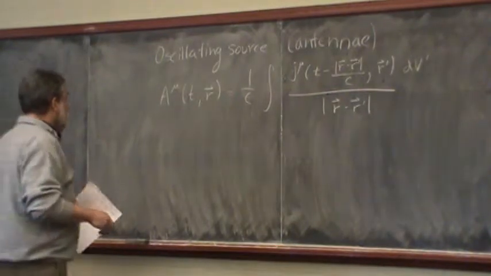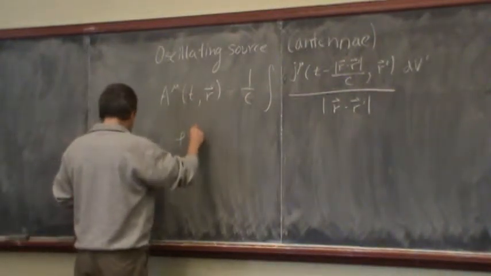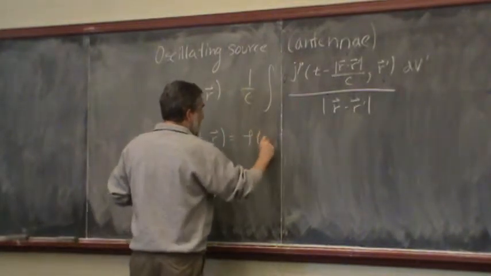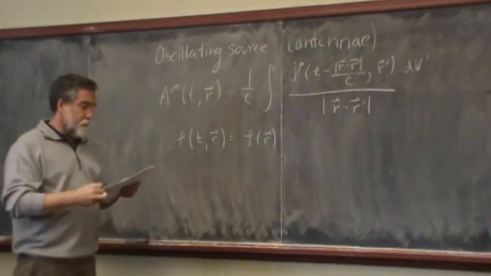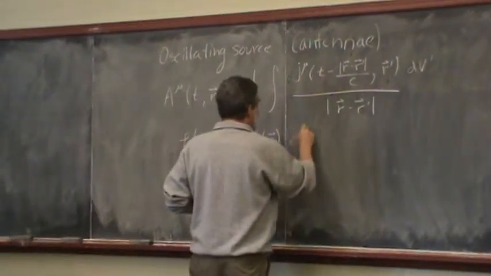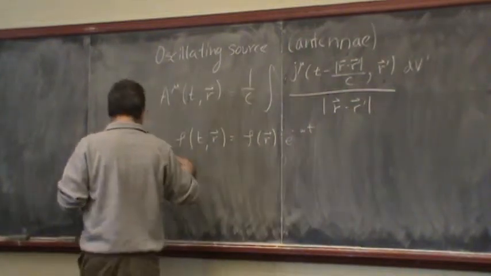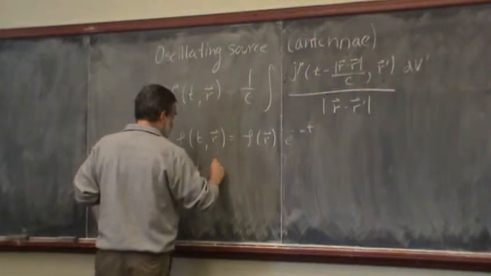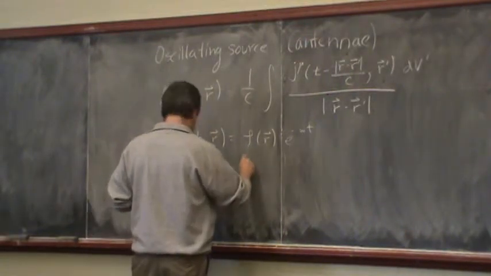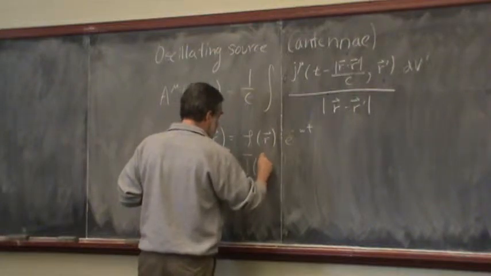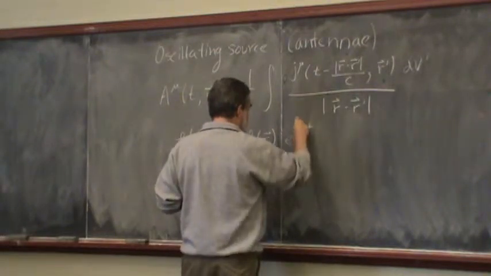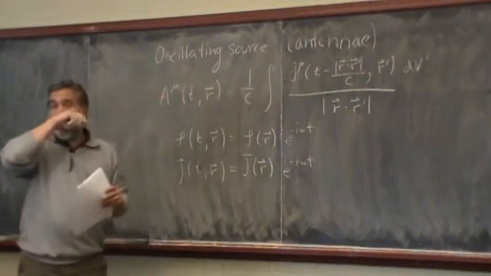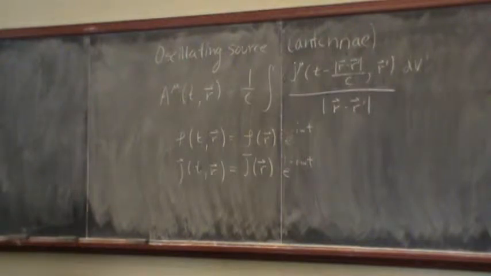We're going to assume that the charge looks like this times e to the minus i omega t, that the current can be written this way, and that all of the fields can be written in that form as well.